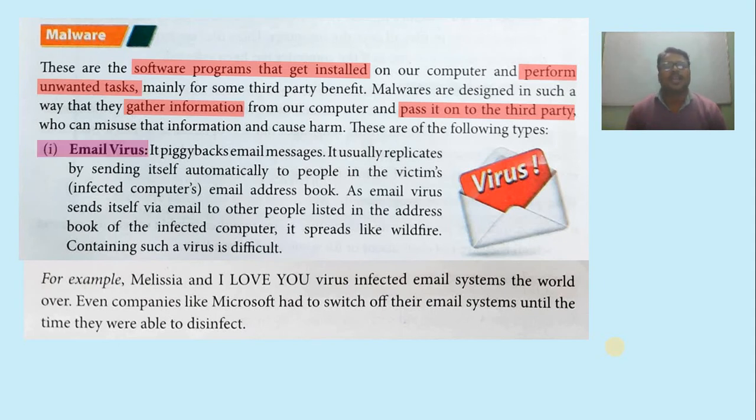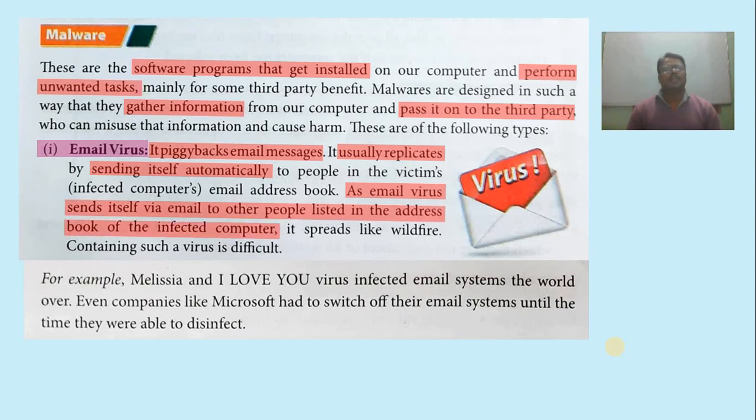First is the email virus. It is a piggyback on email messages that usually replicates, sending itself automatically to the people in an email address book. So an email virus sends itself via email to the other people listed in the address book of the infected computer.